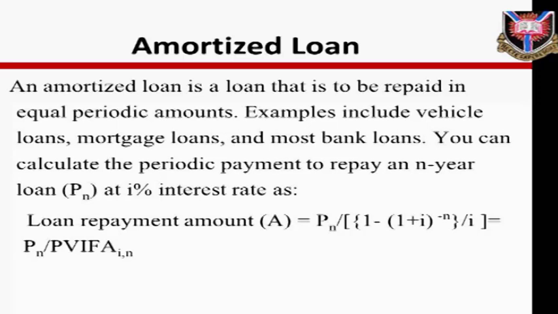You can calculate the periodic payment to repay an n-year loan P_n at interest rate i as loan repayment amount A equals P_n divided by 1 minus (1 plus i) to the power minus n, divided by i, which equals P_n divided by PVIFA at i interest for n years.